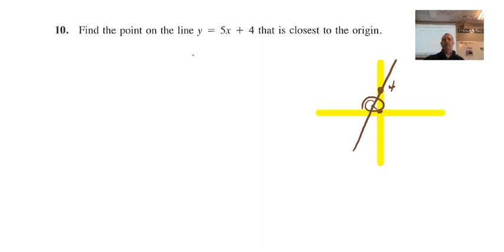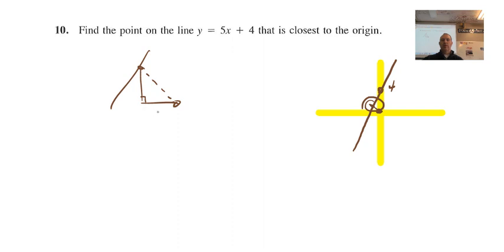But how do we do this? We've got to set up an equation that represents the distance between 2 points. One is the origin, and here's the point on the line. So I have a right triangle set up here, and I'm looking for the hypotenuse.